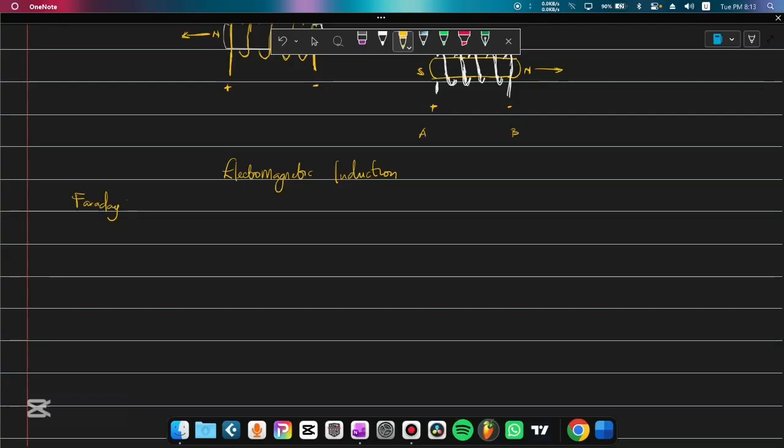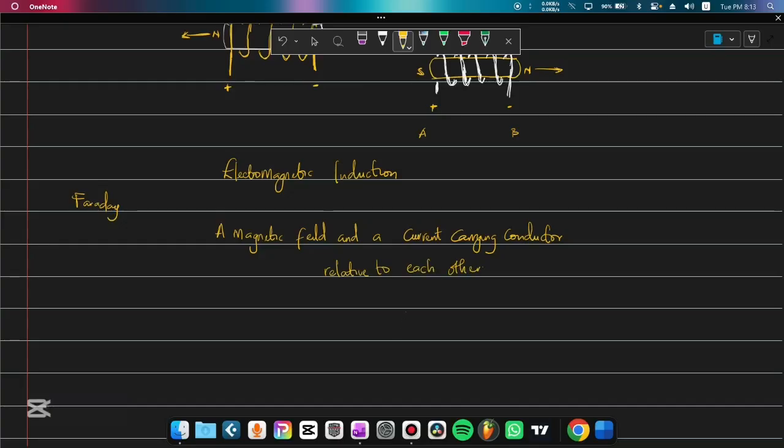He discovered that when you move a magnetic field and a current carrying conductor relative to each other, what does relative to each other mean? I'll show you in a bit.